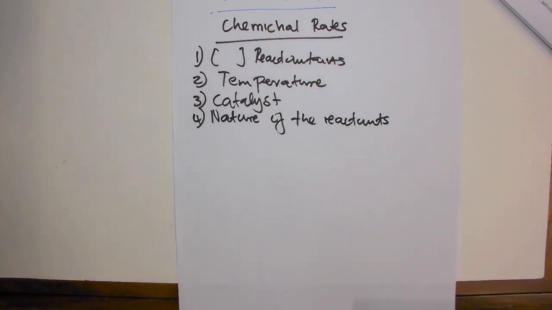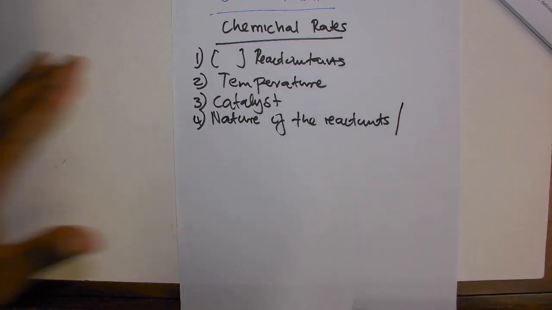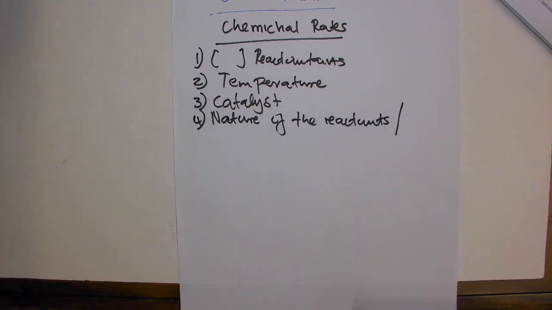That means, is it solid, gas, or liquid? We expect gases to collide faster because the molecules move so fast, but solids do not do that. Do you guys understand what I'm saying? And then please, you need to be able to say the nature of the reactant, or we can say the surface area. Do you guys understand what I'm talking about?